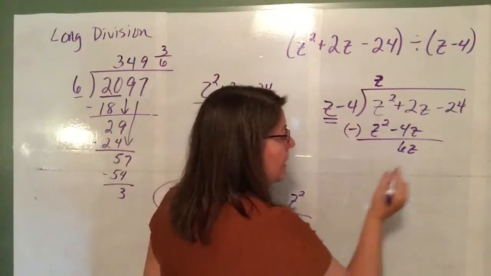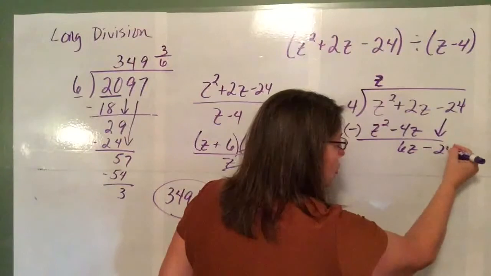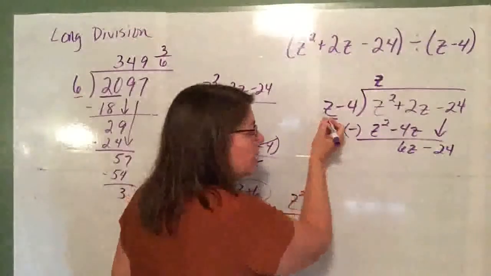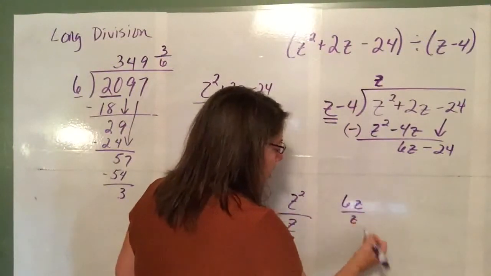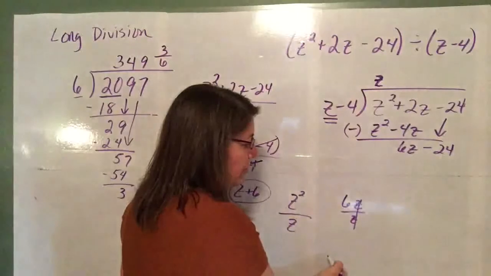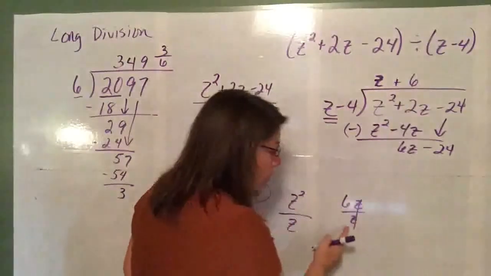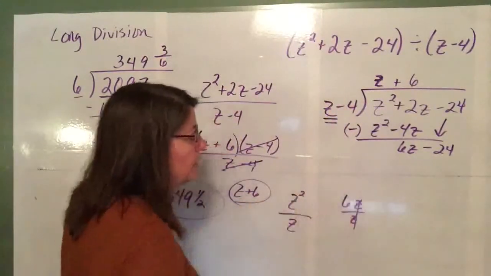Once I've done that, then I can bring down my next term, and I bring down the minus 24. Then I'm going to do the same thing. Z divides into 6z, so 6z over z. Well, how many times does that go? It goes 6 times. So I'm going to put a plus 6. If that were a negative 6, I would put minus 6. So the sign depends on what you end up with here.